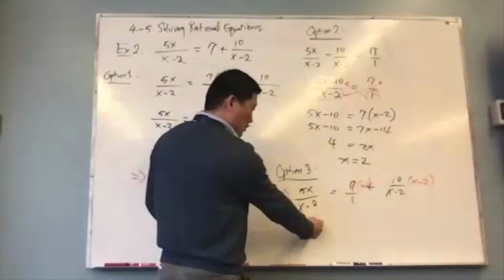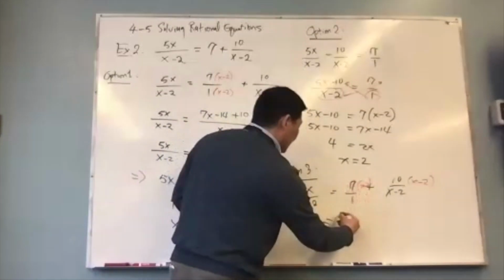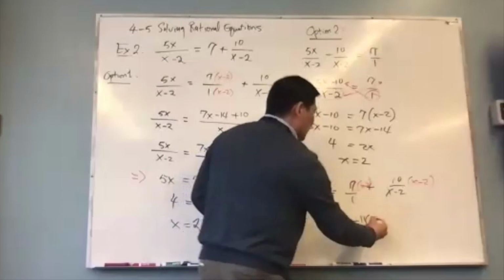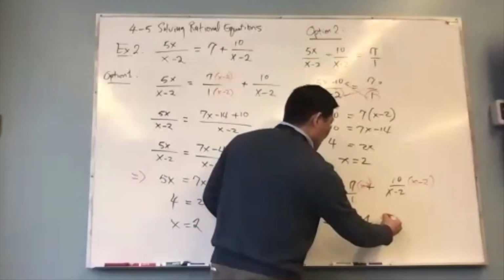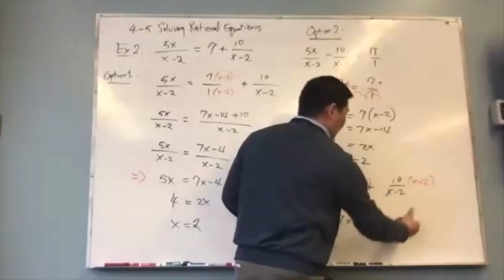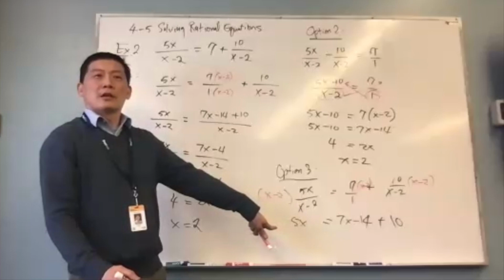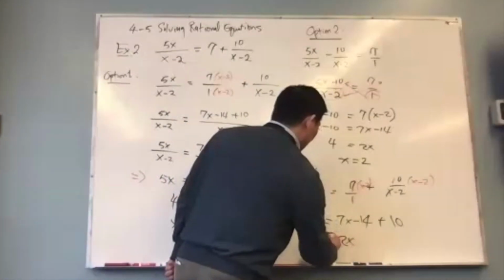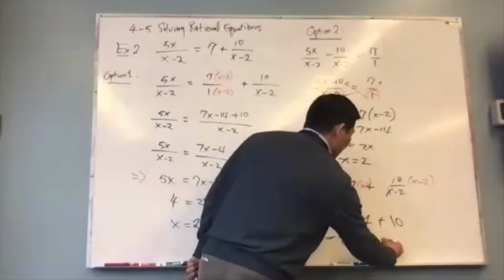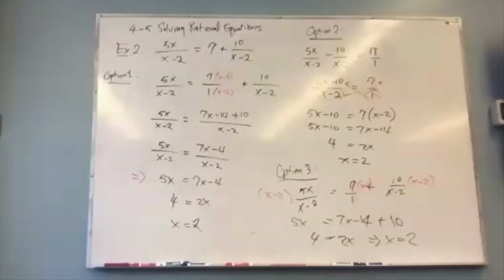Then you end up with 5x here, and over here is 7x minus 14, and then plus 10. You see it? And this is still going to give you 2x is equal to 4, and therefore x is equal to 2. So far, so good? So you have 3 ways of solving this equation.